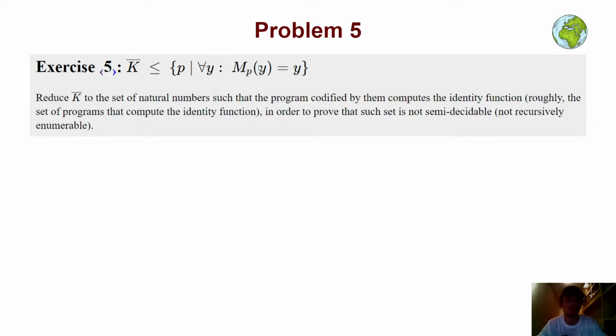So if my input is 5, the output is going to be 5. If my input is 7, then the output is going to be 7. So it is basically all the Turing machines that are the identity function.